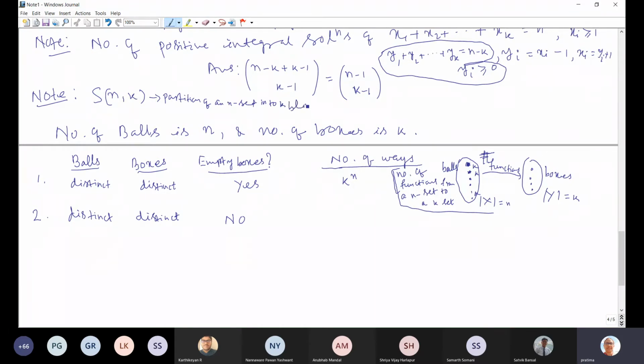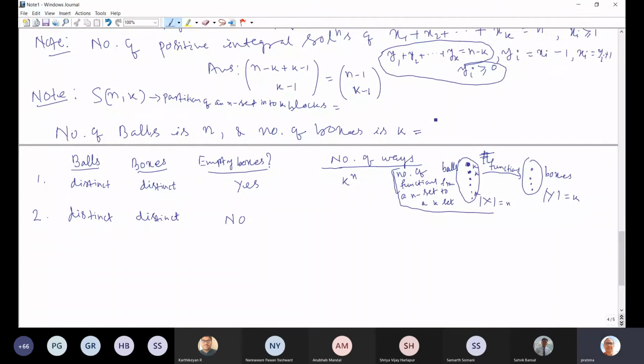And can we also think of this as the same as the number of ways of distribution of n distinct balls into k identical boxes, so that no box is empty? I want to tell you whether this is true or not, you answer that.